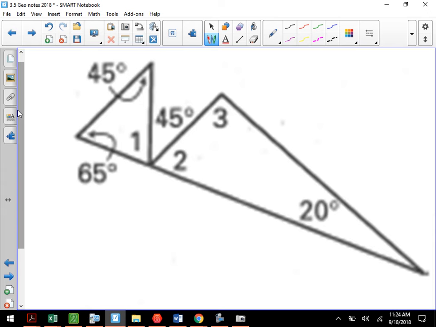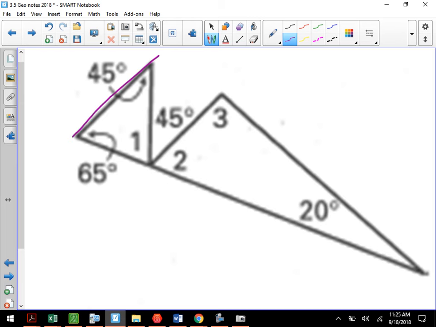The wedge matters, guys, the wedge matters because look at angles 1 and 2. Angle 1 plus the angle 45 degrees plus angle 2 create a line. So all three of those angles have to add up to equal what? 180. So that's how you're able to get from starting here in the triangle on the left.